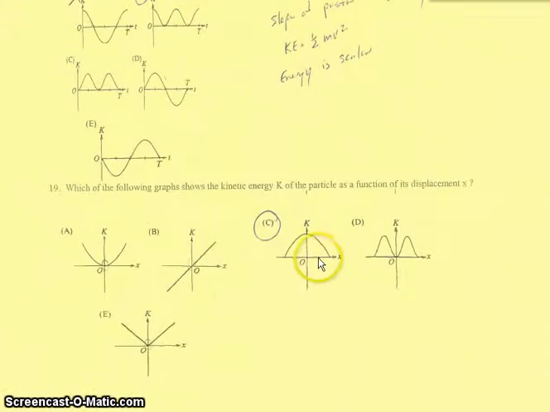So I look at my maximum position with zero kinetic energy, and I oscillate back to this one. So that's how I look at it. I'm looking for zero position with maximum kinetic energy, or maximum position with zero kinetic energy.